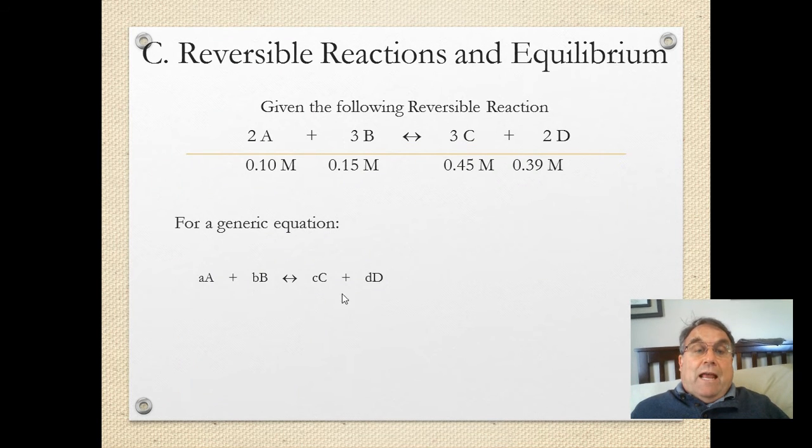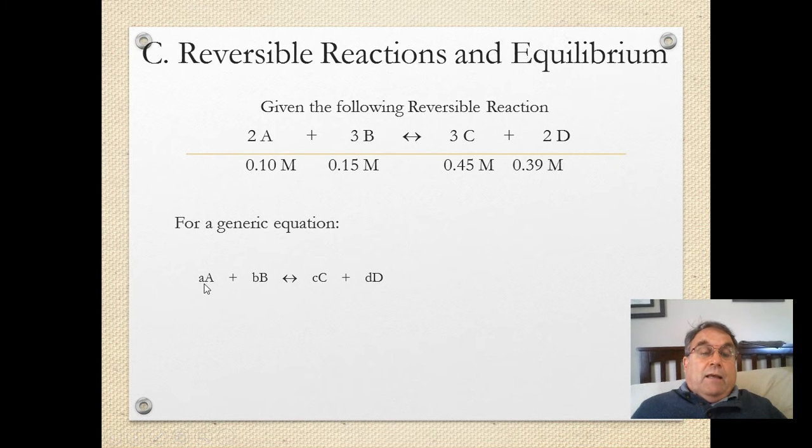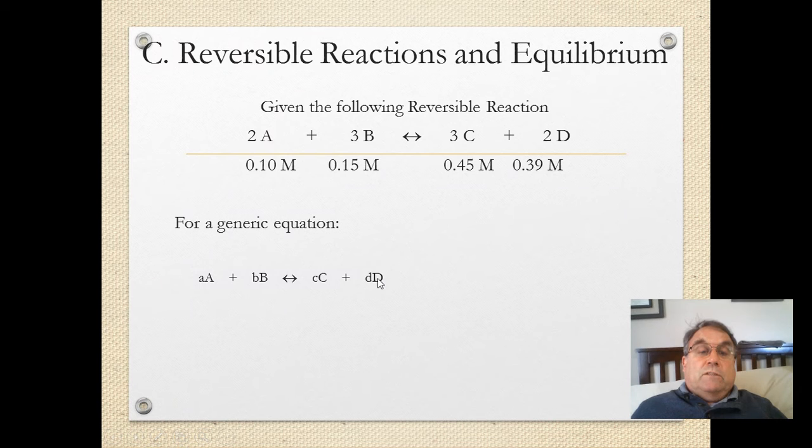So let's look at how we set up an equilibrium expression for this generic equation, where little a times big A is the number of moles of reactant A, plus the number of moles of reactant B, reversible reaction, the number of moles of reactant C plus the number of moles of reactant D. So what you do is you take the concentration of the products and you raise it to the power of the coefficient.